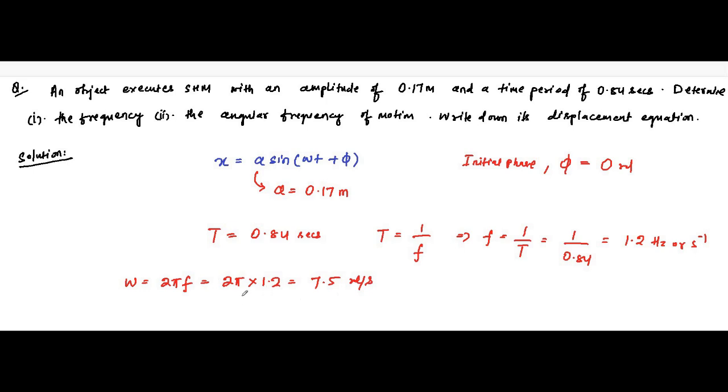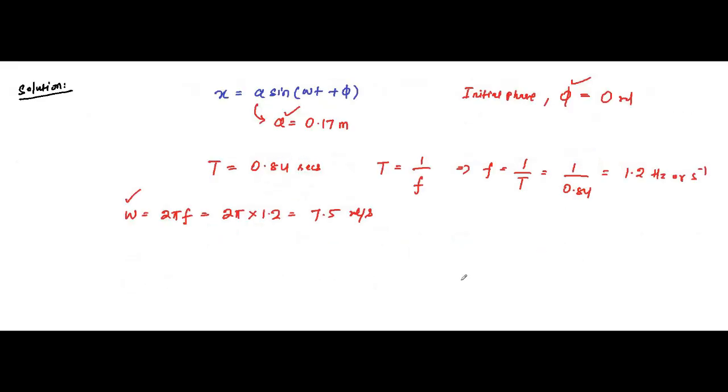So we have got all the parameters. We have omega, we have A, we have the initial phase angle which is 0 radian. So we can write the SHM equation by substituting the values here. x is equal to 0.17 sin(7.5 t plus 0), or 0.17 sin(7.5 t).